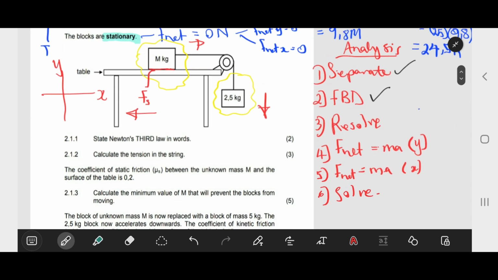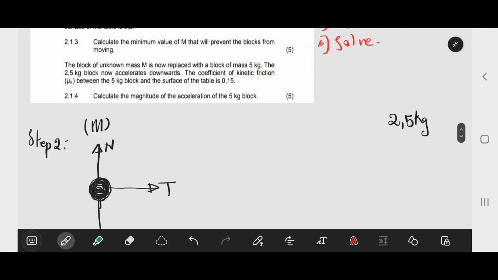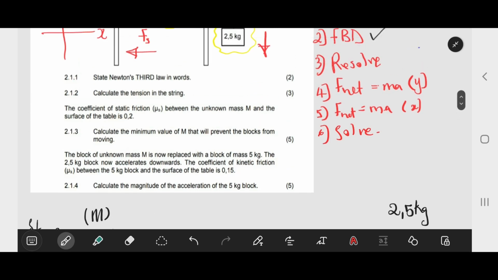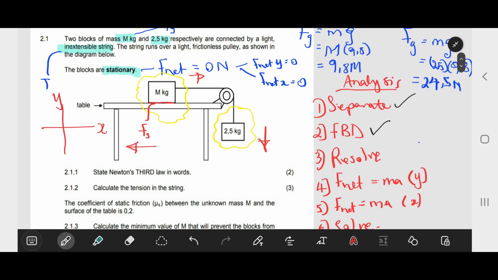And then we have static friction, which is going to the left. So these are all the forces which are acting on the mass m kg block.